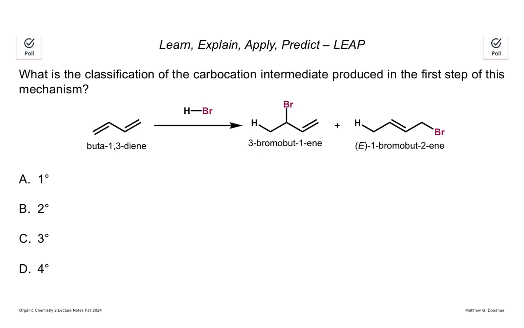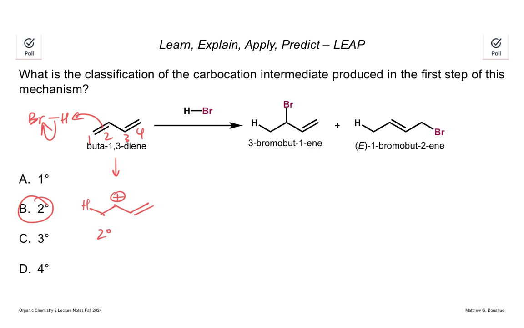So we said that by protonating carbon 1, that first intermediate is going to be a secondary carbocation. And I bring this up because one of the things that carbocations can do is rearrange.